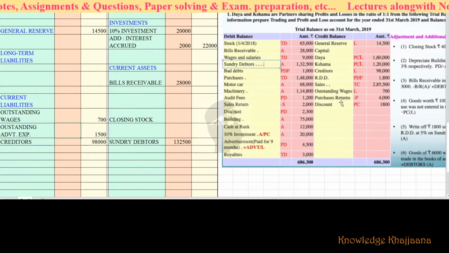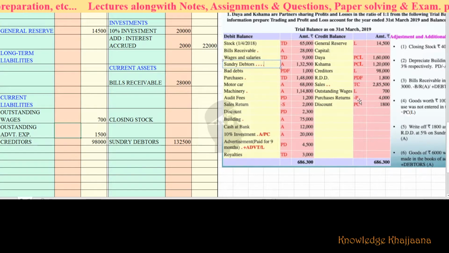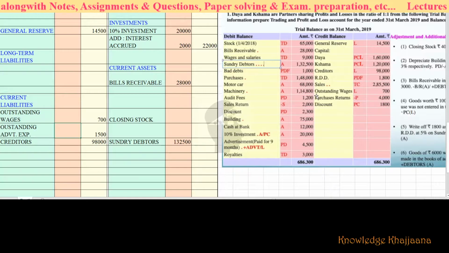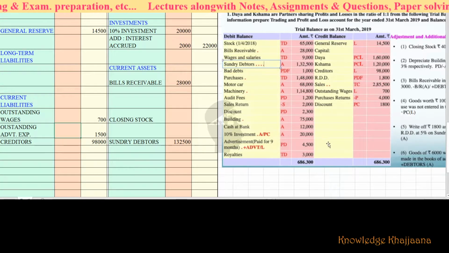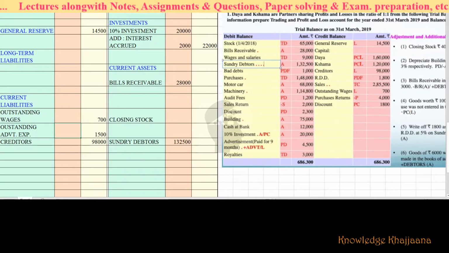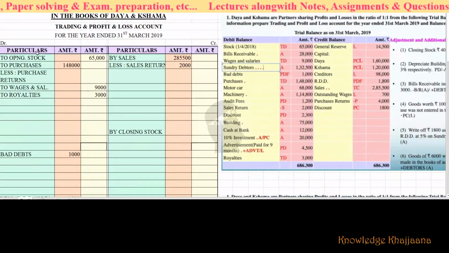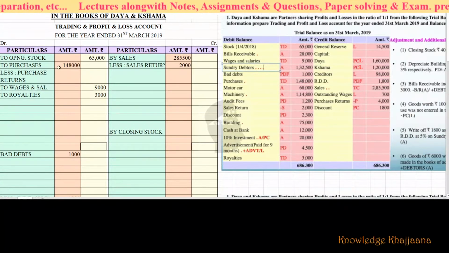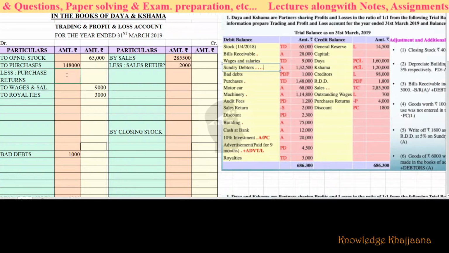Outstanding wages. Purchase return. Purchase return means we had purchased something from somebody and we have returned it, of the amount rupees 4,000. So that much of amount we have to deduct from the purchases. So go to the trading account purchases: 1,48,000 less return 4,000.